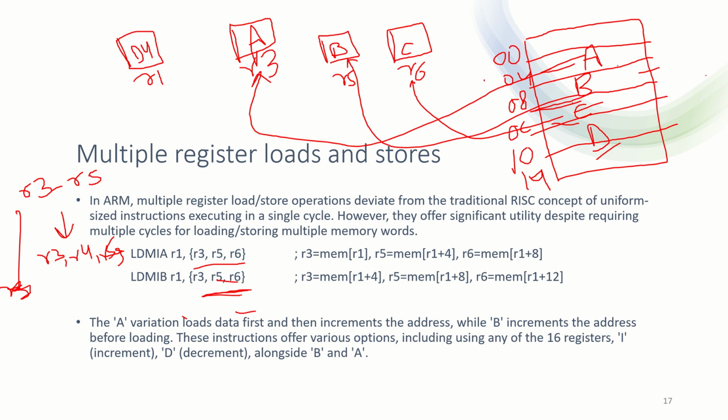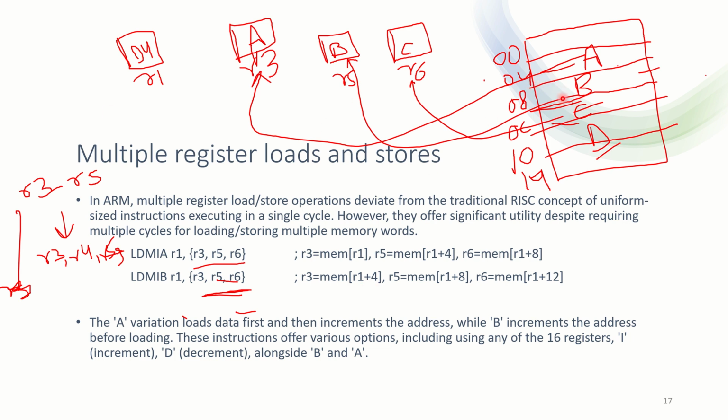One more thing is there, LDMIB, means load multiple increment before. That means before loading, you increment it. Means R1 plus 4. In R1, 04 is there.